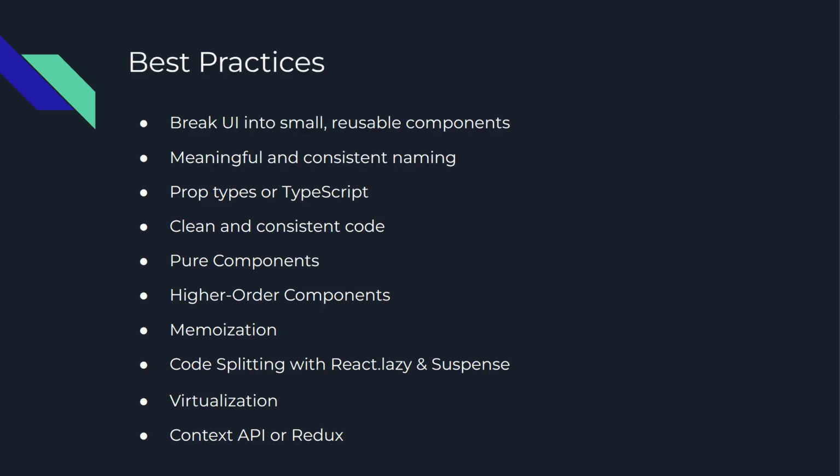Of course we can store that in the local storage or system storage also, but we can use context API to store this data in the context, and we can use the context hook to access this data. That's one way. And large applications use Redux to manage the global state. Redux is also there.